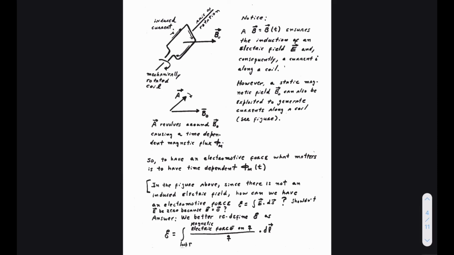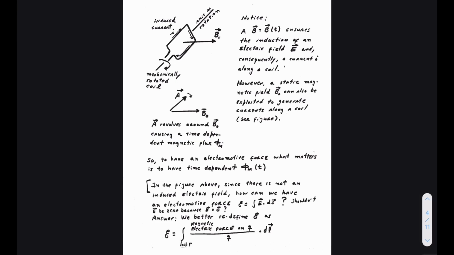So we have seen that a varying magnetic field induces a current in a loop. But can a constant magnetic field induce current in a loop? Well, it can if we mechanically rotate a coil in a constant magnetic field, because this action of rotation changes the magnetic flux inside the loop.